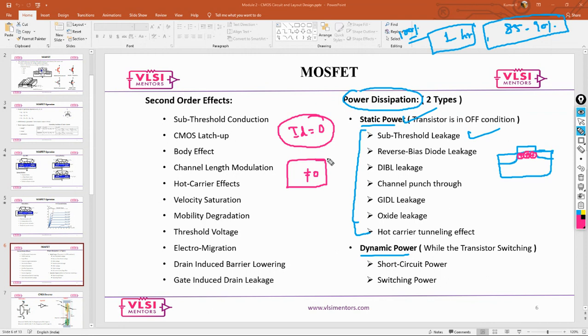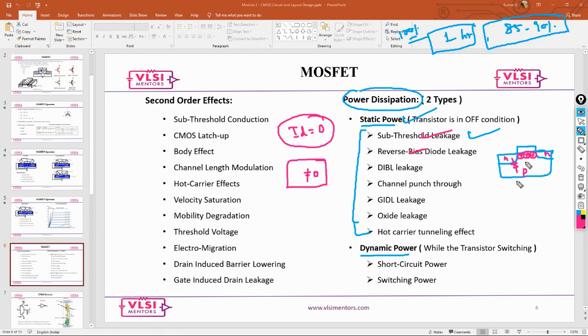Okay. Now, what are the different components? One is subthreshold leakage, and then reverse bias diode. Say this is your P type, and this is your N type. If you look at the structure of a diode, this is how it is going to be.